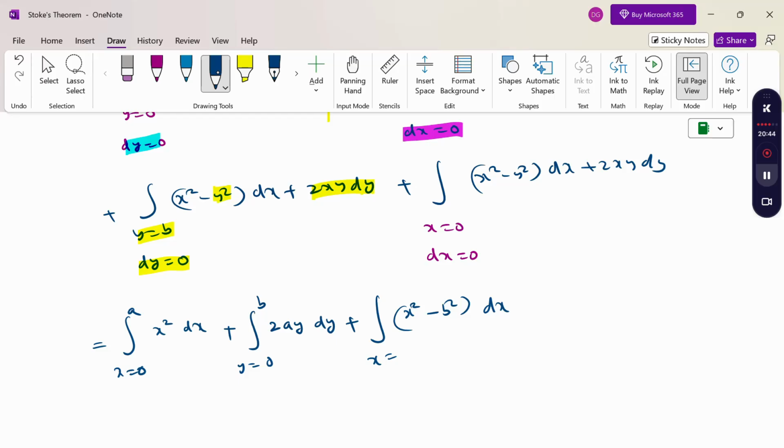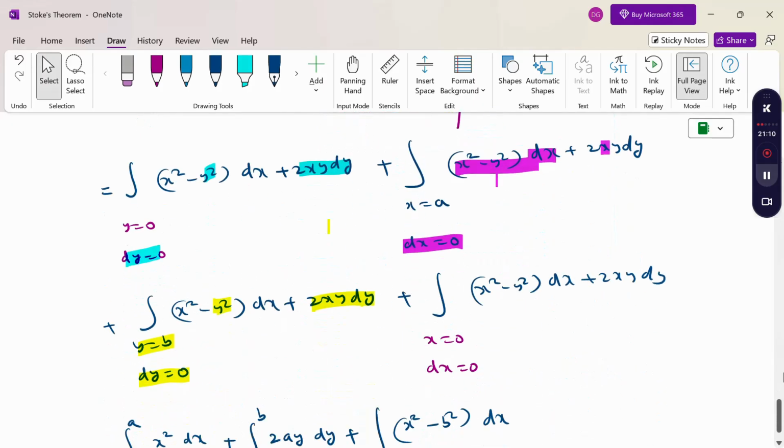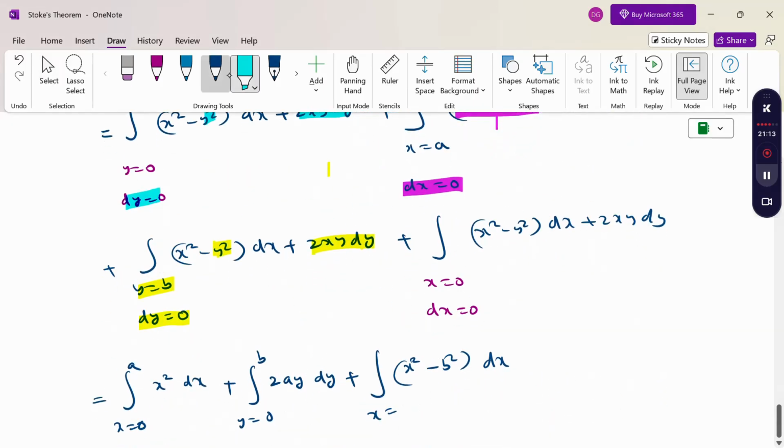Because this is the variable, and we use only this variable's range here. For dx, the x range from B to C is a to 0.